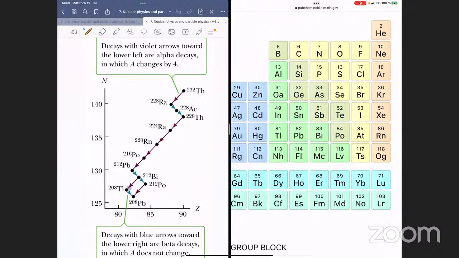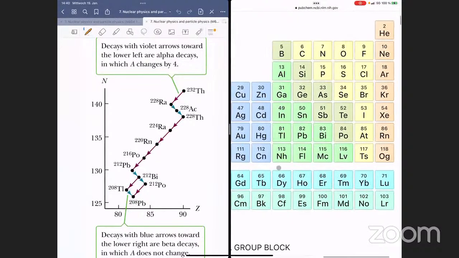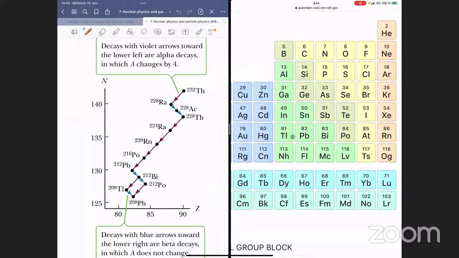Down the way, to the left-hand side, you will arrive at Tl. You reduce the number of neutrons and protons by 2 each, right? 212 to 208. So you lose 4 nucleons, and 4 nucleons mean we lose the helium-4 nucleus, right?